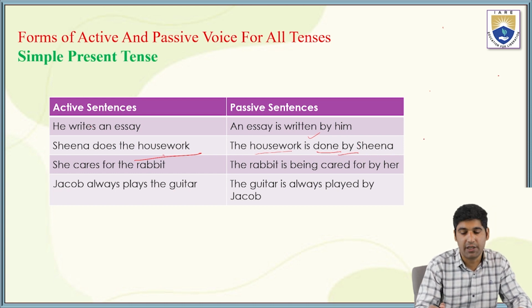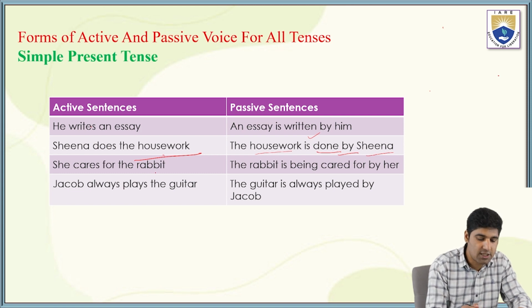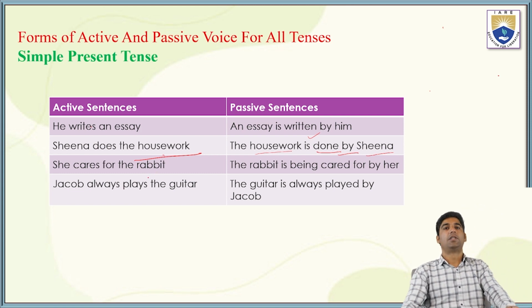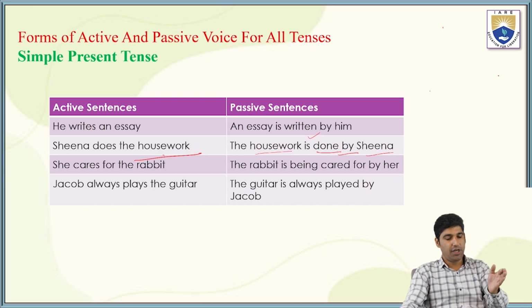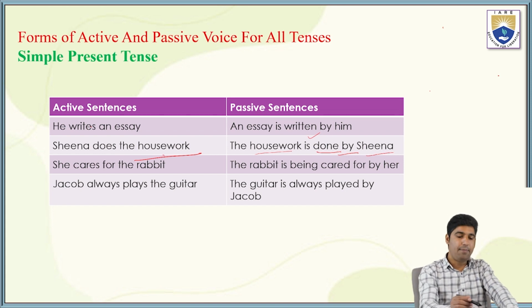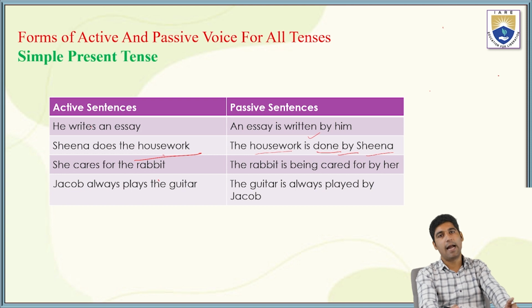Sheena will remain Sheena, as names are not changed. Then she cares for the rabbit. She cares for the rabbit, present indefinite tense. Now, rabbit is the object, it will be the subject. So I can say rabbit, then the auxiliary verb, it's present, that means is.